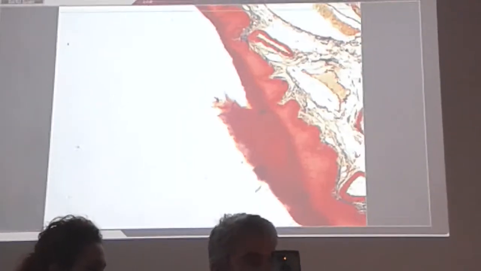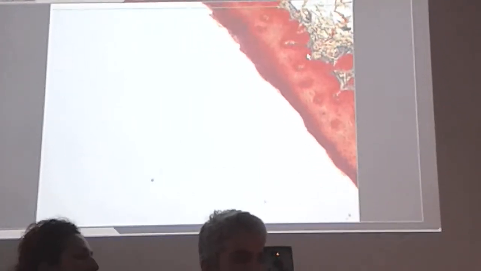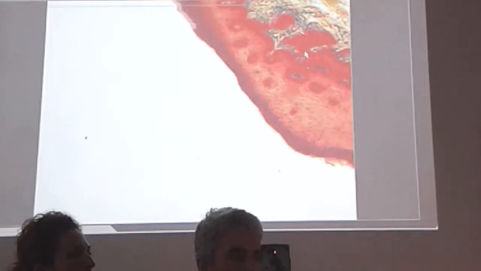At the tip, it is a uniform layer of stratified squamous epithelium. As we go through the upper mucosa, I am trying to find some differences through the tongue.